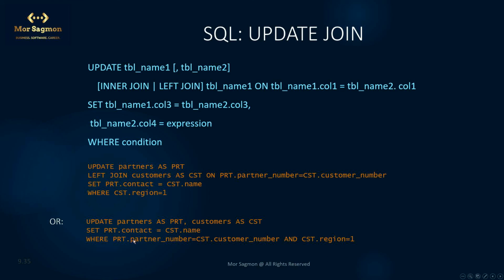You see that the where clause contains now not only the region equals 1 constraint, but also the joining between the two fields, the customer number from customers to the partner number from the partners table. This will generate in the MySQL engine an implicit join. So there still is going to be a join. However, we didn't write explicitly the join part in our statement.